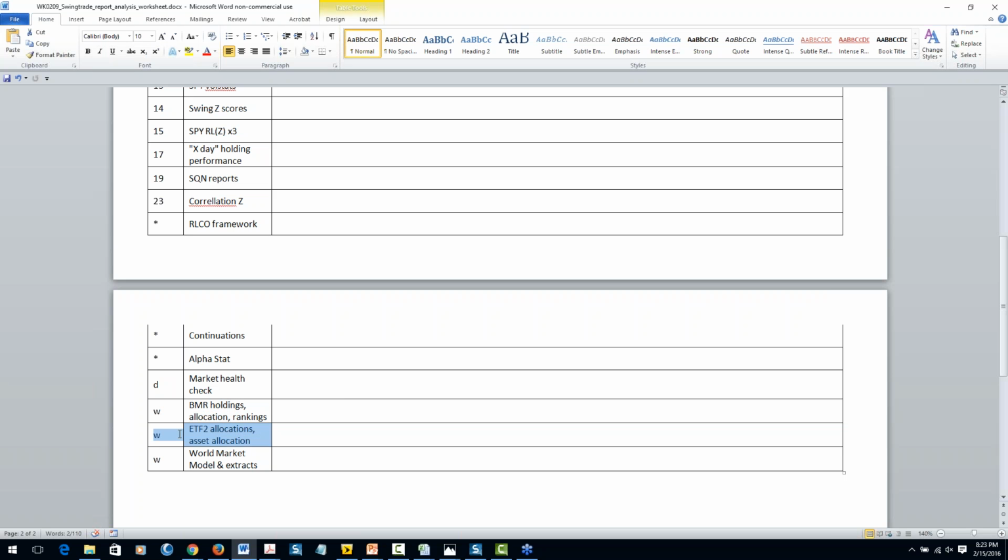The same with ETF2, and then commentary that I make on the world market model when I'm trying to look for broad global trends. So this worksheet, I'm hoping, may help you to start to develop proficiency in reading and understanding and thinking about the reports. These are all elements of a market mosaic. There's no better way I can put it than that's what Robert has been calling it for years.